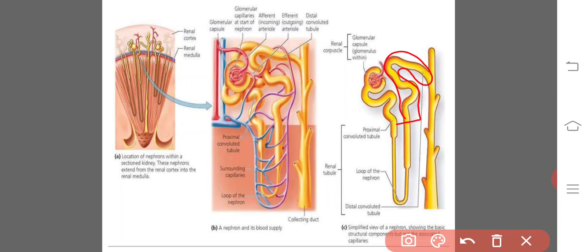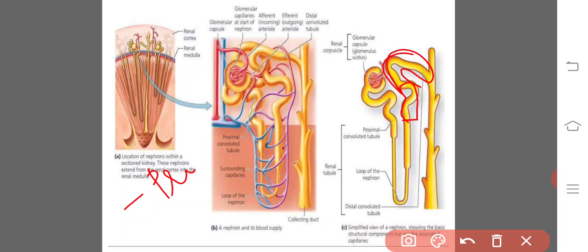The lumen of the early distal convoluted tubule, the primary part, is lined by simple cuboidal epithelium, and the late distal convoluted tubule is lined by two types of cuboidal cells.